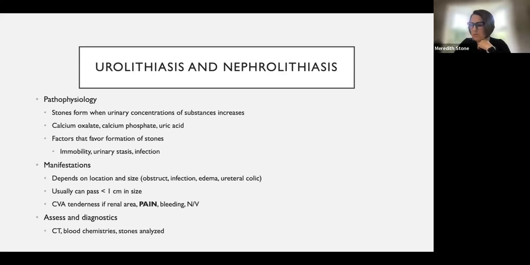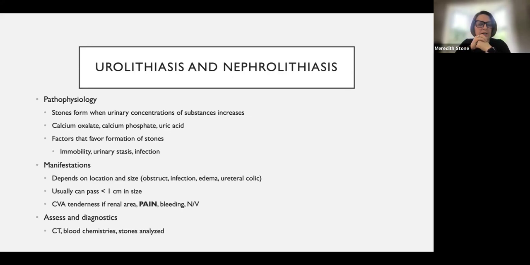Okay, so we're moving on, we're getting there, we're close, to urolithiasis and nephrolithiasis. And what is this? This is stones. Stones develop, and you can have them in a lot of areas of the body.